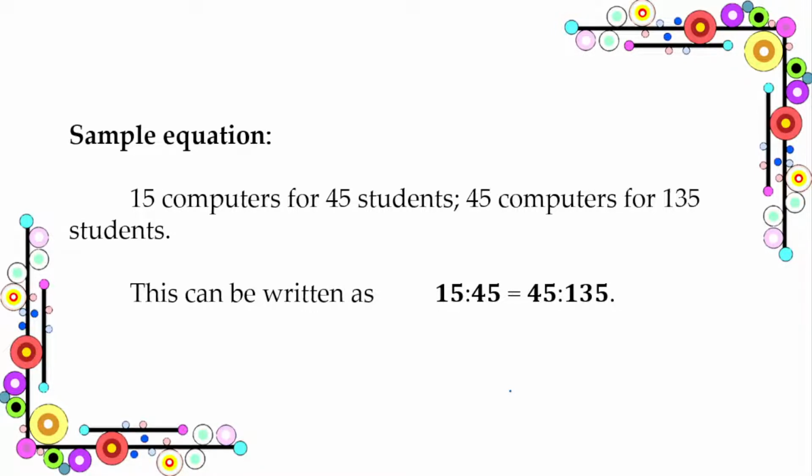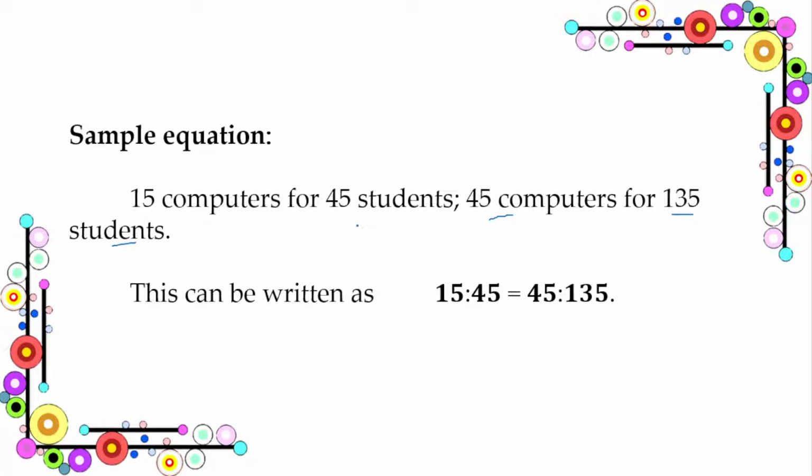Okay? So, as you can see here that the number of computers is directly proportional to the number of students. Since the number of computer increases, the number of students also increases with a constant value of 3. Okay? So, ito po talaga ang example ni direct proportion.